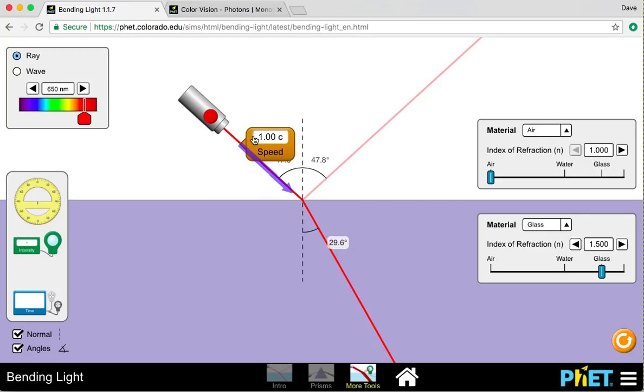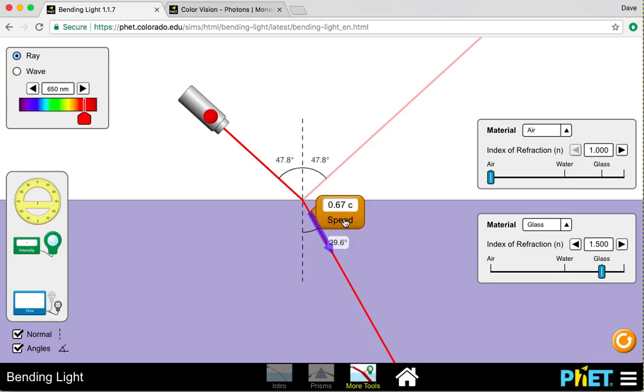So right here, this is 1C. It's actually a little bit, they're probably rounding up. Light doesn't travel at light speed through air. It does travel at light speed through empty space. But it's about 1C, or 300,000 kilometers per second is how fast light travels when it's traveling through a vacuum or empty space.